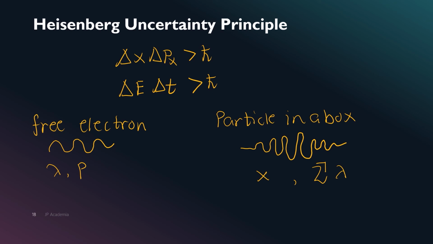A particle is located somewhere in a range, so the wave function here is a wave packet. The particle is located somewhere in this range, but it is a superposition of different wavelengths. Thus, we are uncertain about its momentum.